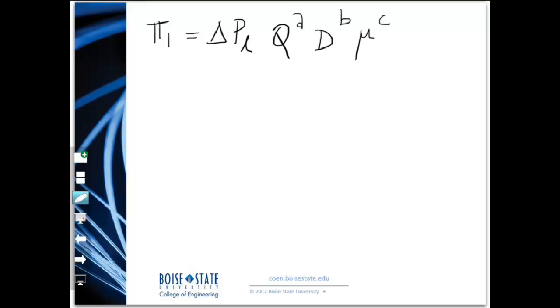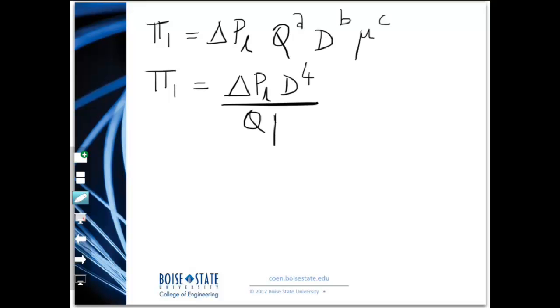So if you do the math here, you'll end up with pi 1 to be delta PL D square over Q mu. Okay, sorry, D power 4. I think I said D square, it is D raised to the power 4.